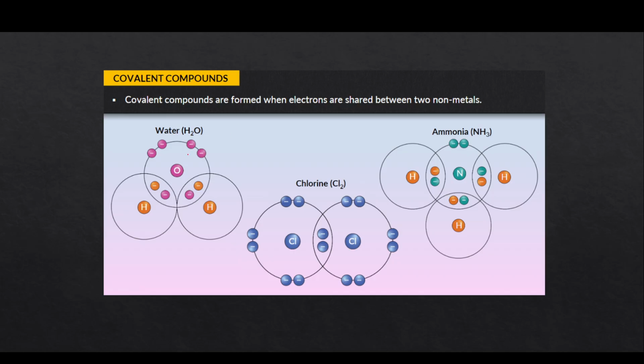This is one of the pictures of a covalent bond, which is formed by sharing of electrons. You can see, this is water. So two hydrogens are there, one oxygen. When we use this dot diagram, we use different colors, like here for this hydrogen, this is used, which is a different color, right?